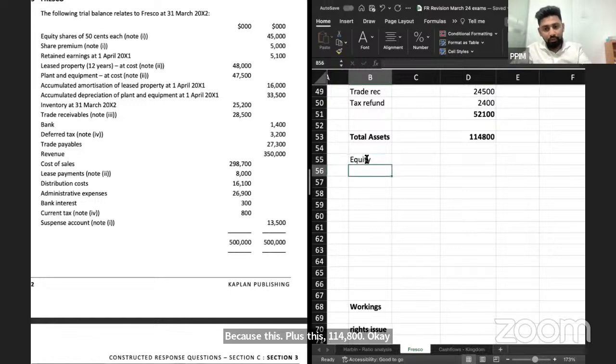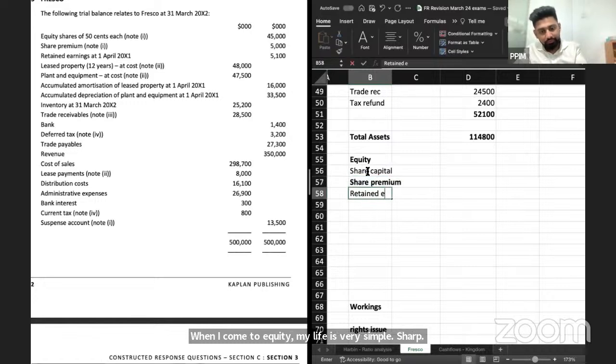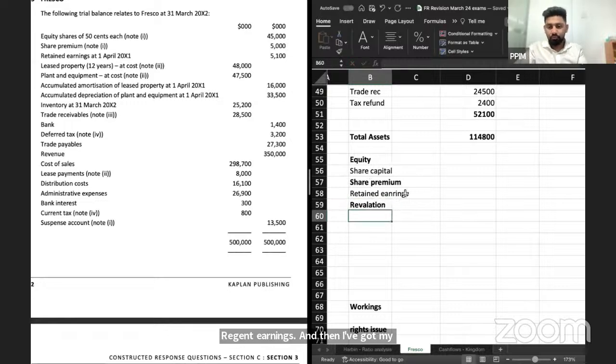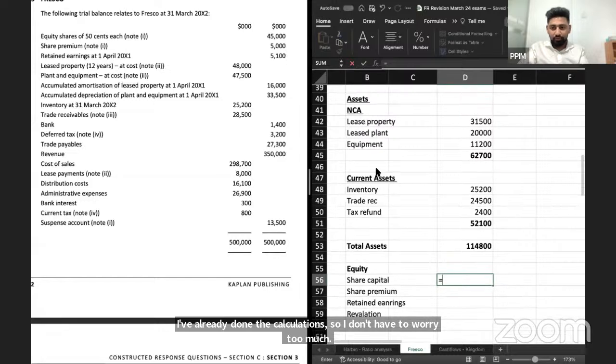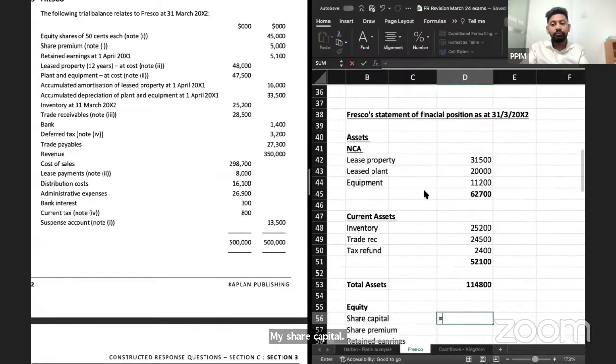When I come to equity, my life is very simple. Share capital, share premium, retained earnings, and then I've got my revaluation. Well, I've already done the calculation, so I don't have to worry too much. My share capital, I'm going to slap it from here, 54,000.